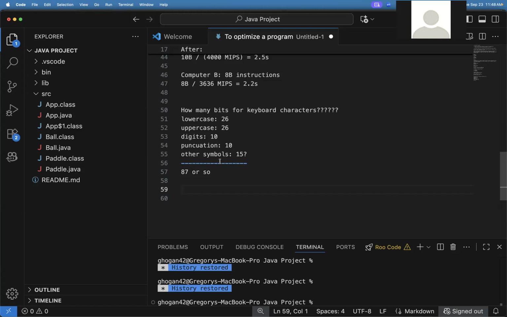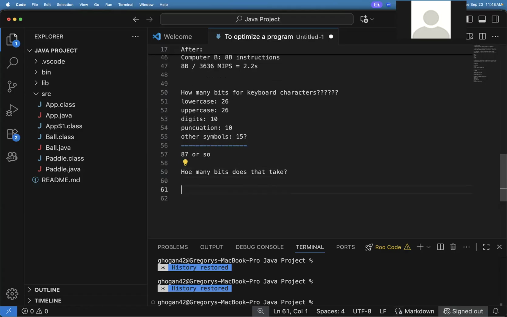Now think about that though. How many bits does that take? Well, you would calculate it with 2 to the whatever, which is how many things you can represent within bits.